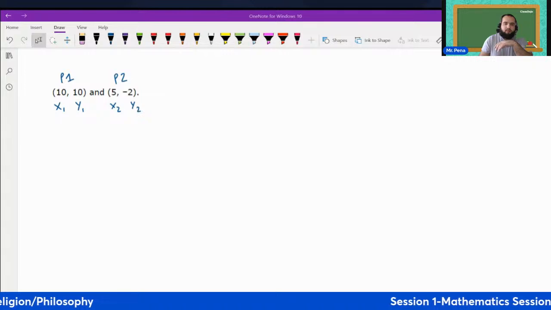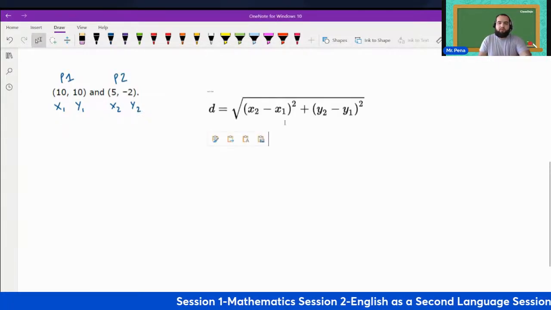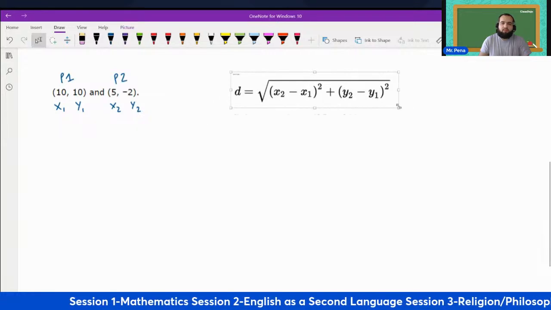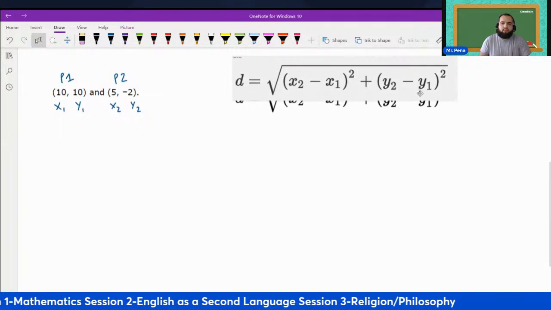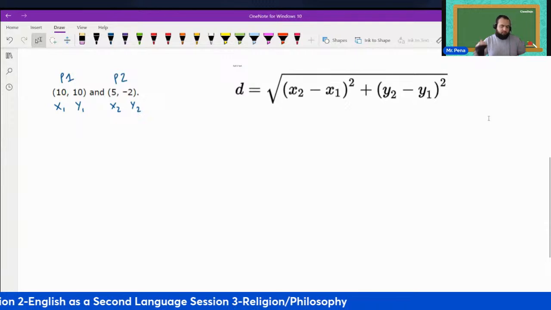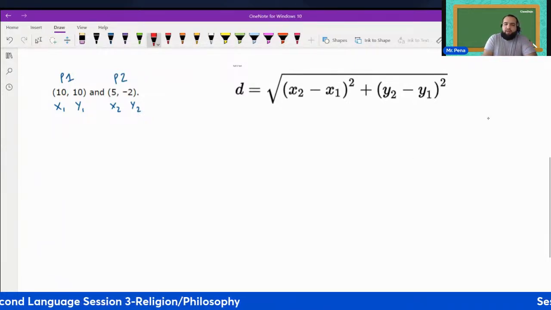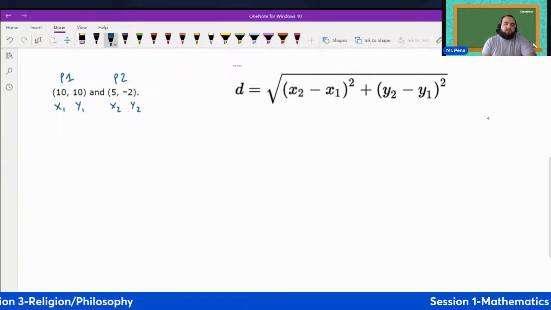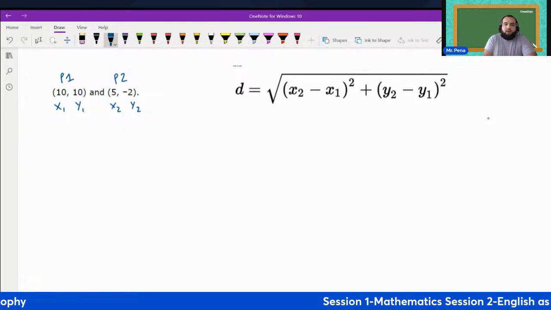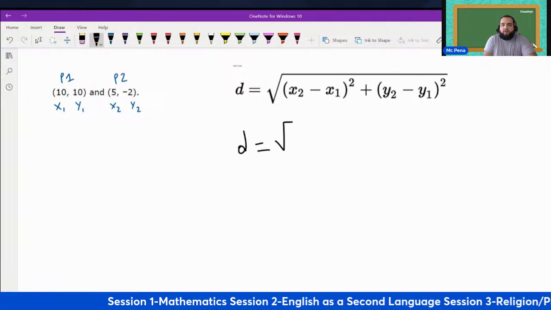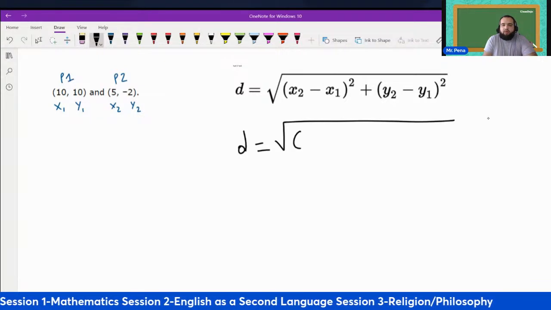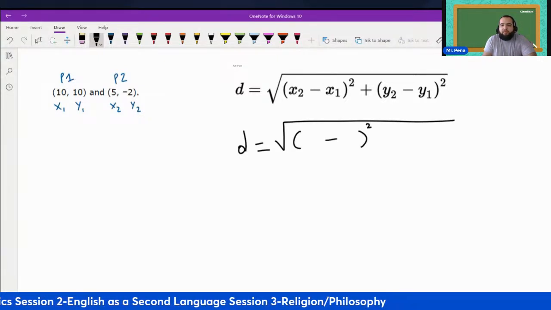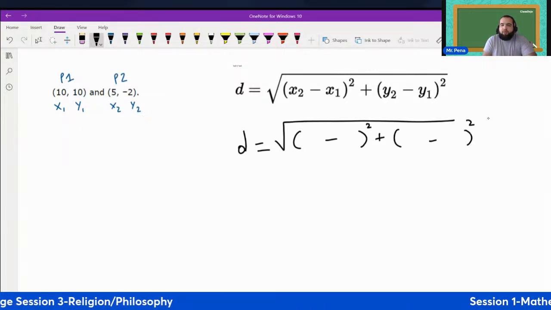You have d, which represents distance, equals the square root of x2 minus x1, y2 minus y1. So let's draw the formula in a way that we can plug in the numbers. So we will leave these open spaces. To the power of 2, y2 minus y1 to the power of 2.